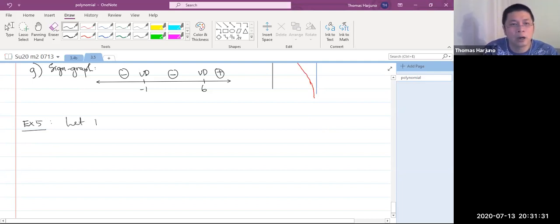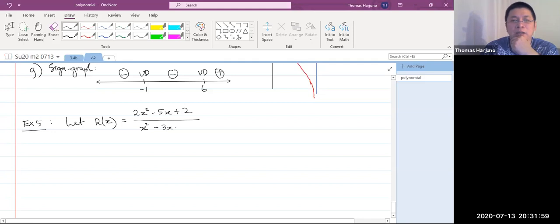Let R(x) equal (2x squared minus 5x plus 2) over (x squared minus 3x minus 4).